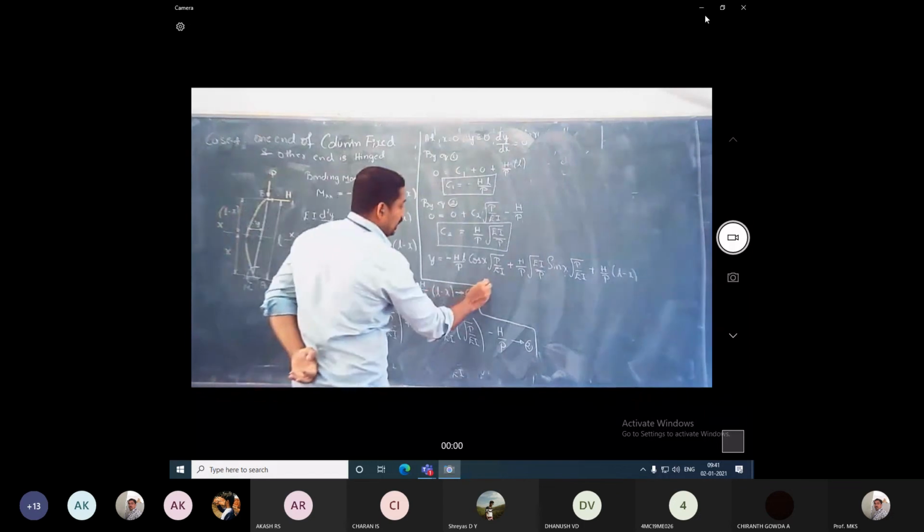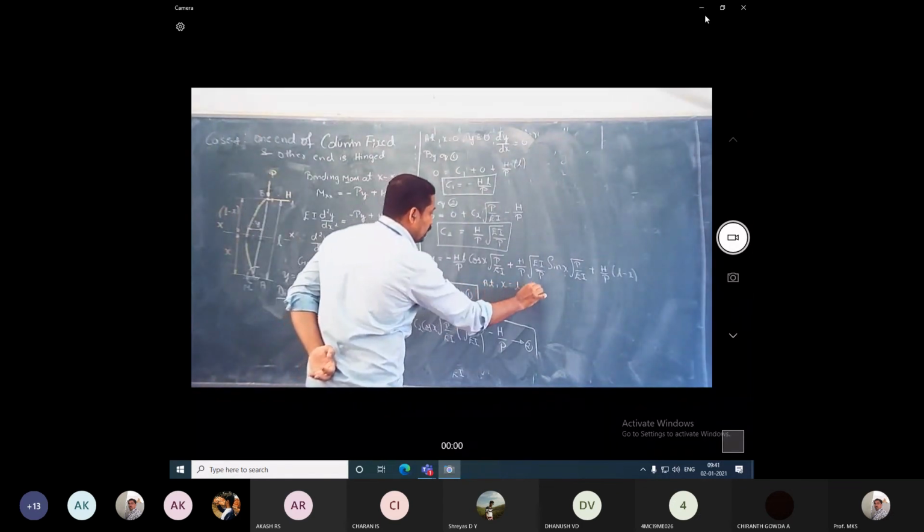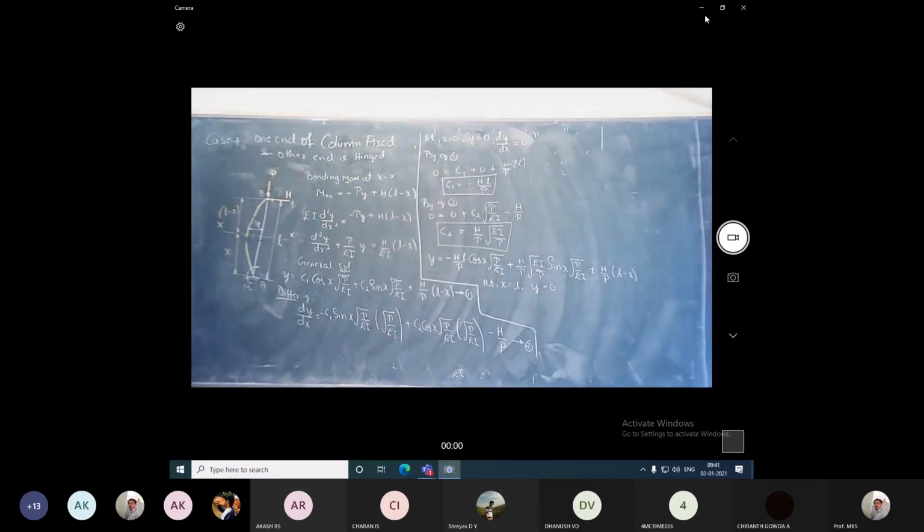Apply this second boundary condition, at x equal to L, y equal to 0, to the above equation.